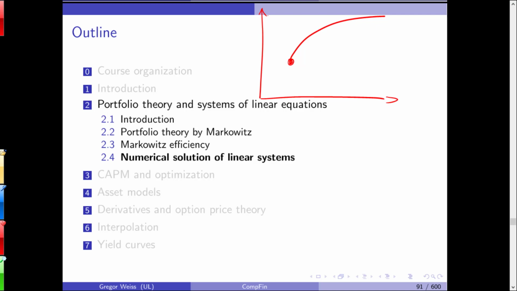Let's assume you're risk loving, someone else is risk neutral, someone else is risk averse. Those three investors will choose three different portfolios on the efficient edge of the portfolio set.